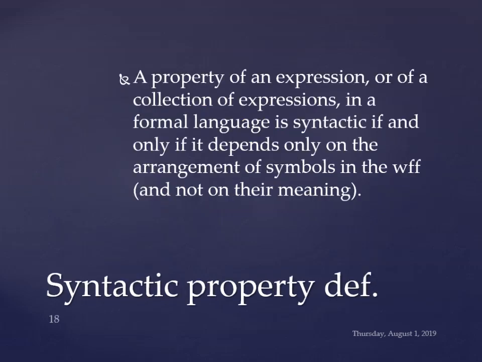Okay, so let's define what a syntactic property is formally. I think this is right out of your book. It says a property of an expression or of a collection of expressions in a formal language is syntactic if and only if it depends only on the arrangement of symbols in the formula, okay, and not the meaning.